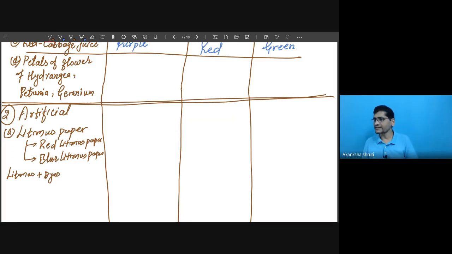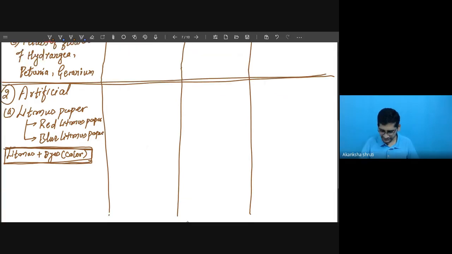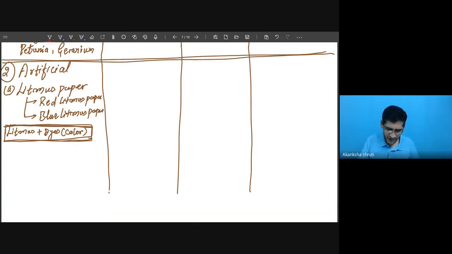So external dyes are added, meaning external color. These are the colors. This mixture is put over a paper.